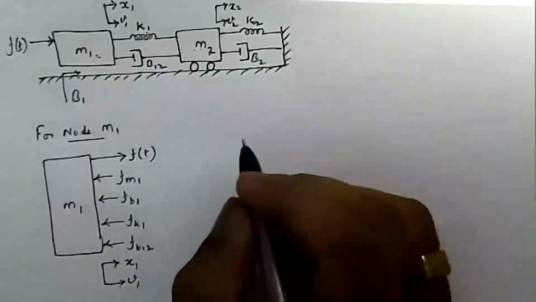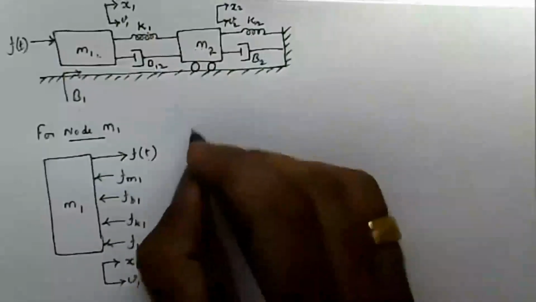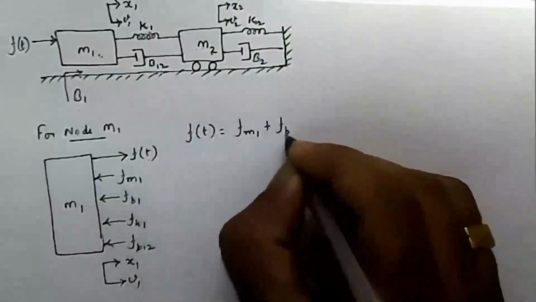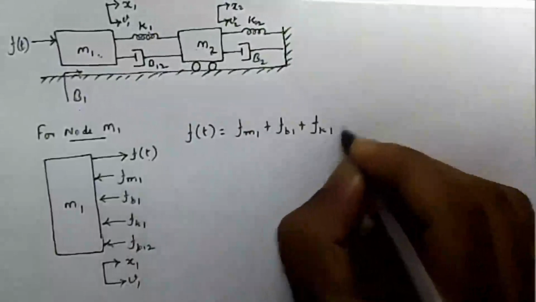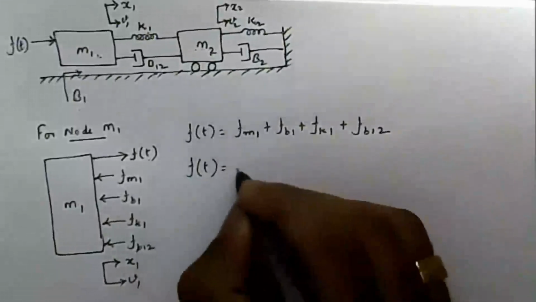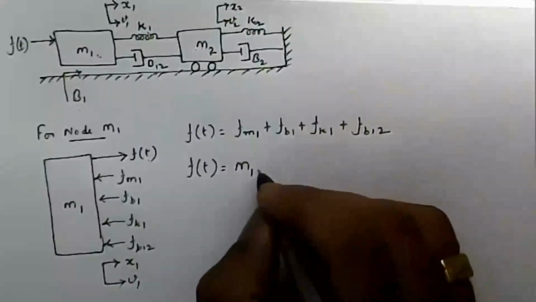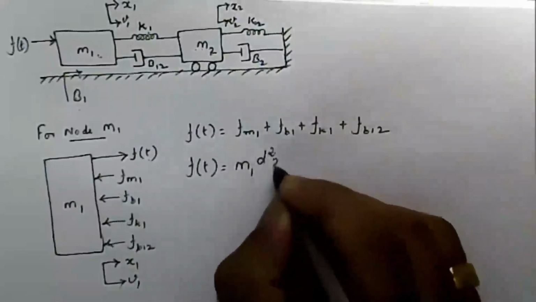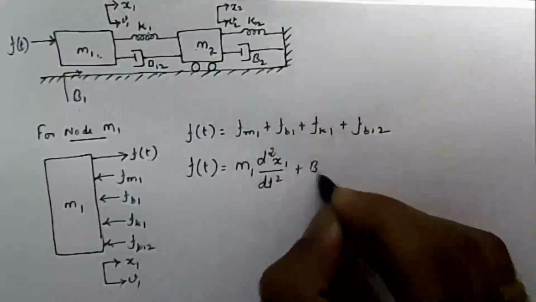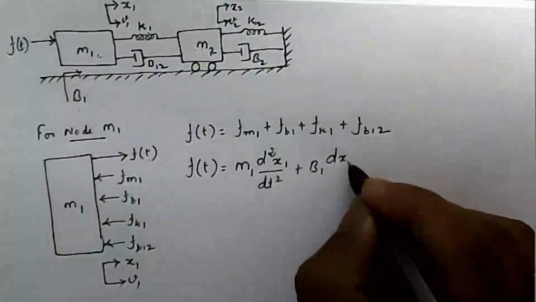Now write the differential equation. According to Newton's second law, applied force is equal to opposite force. F of t is equal to Fm1 plus Fb1 plus Fk1 plus Fb12. F of t is equal to M1, the mass element. The force acting on the mass element is directly proportional to acceleration: d square x1 divided by dt square, plus B1, that is the damper element. The force acting on the damper element is directly proportional to velocity.